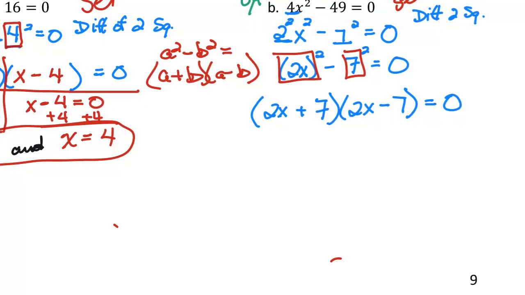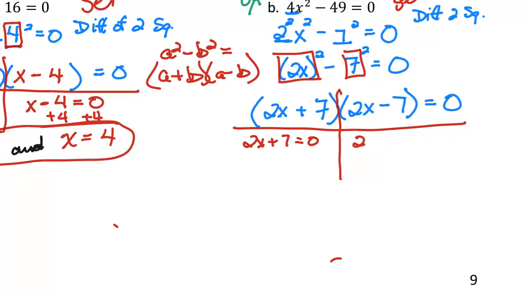Okay? So then we can set up our little table and say 2x plus 7 equals 0. 2x minus 7 equals 0. And we have to do a little bit more algebraic work here. We want to solve for x, so we leave that to the end.